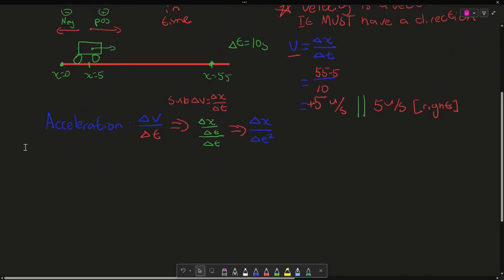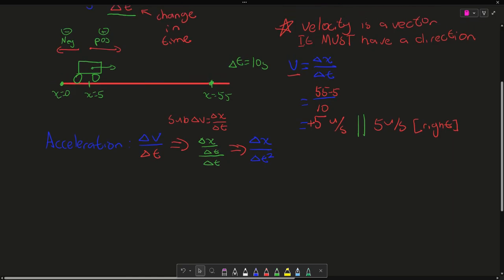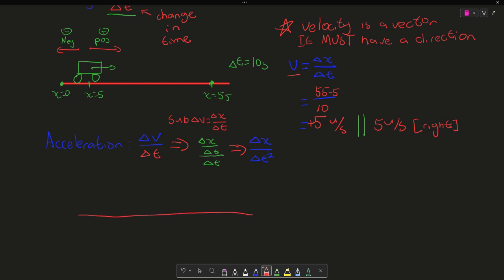So now this might sound a bit confusing, so let's do an example. Let's say a car, again, in this example, starts at rest.